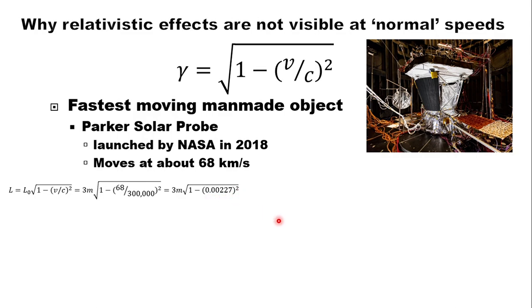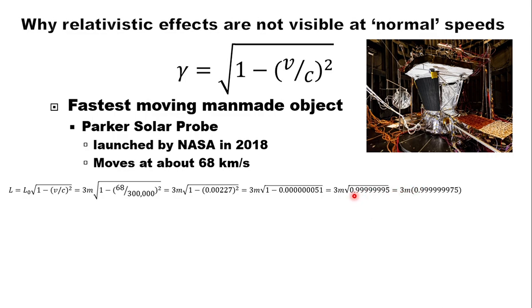We square that, and we get 0.00000051. Subtract that from 1, we have 0.99999995. We need to take the square root of that and multiply it by 3 meters.